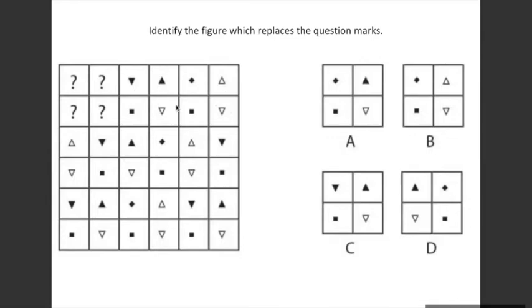Okay, but if you look at the bottom row, it has an inverted empty triangle. It has a square. It has an inverted empty triangle. It is a square. And in the second row again an inverted empty triangle and then again a square.